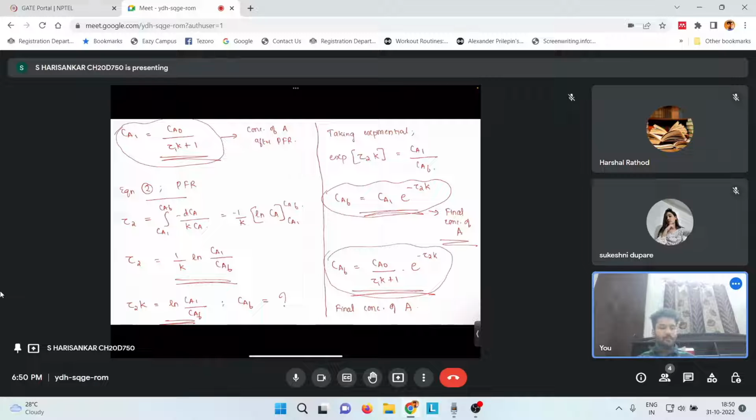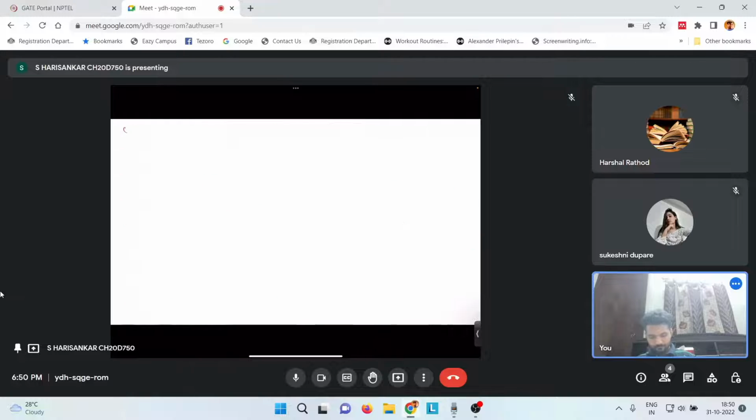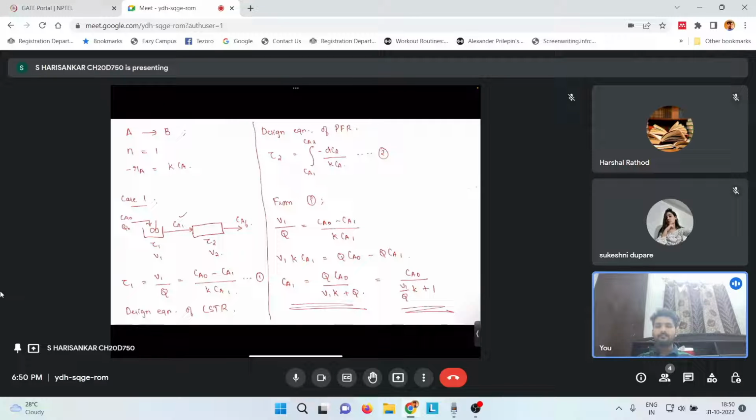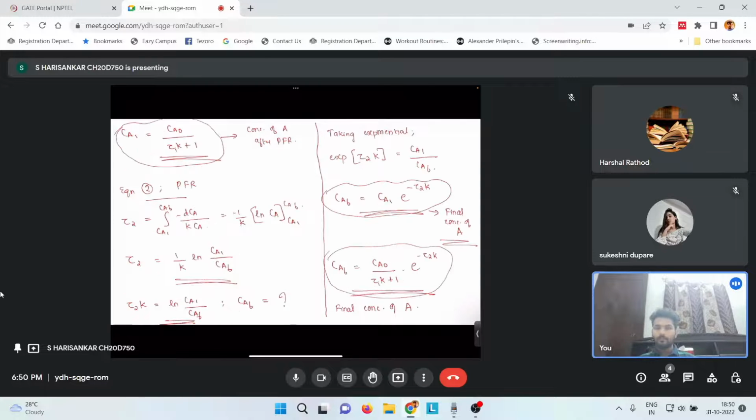Right. Now let us look at the next case, case 2. Now in case 2, first PFR will come and then that will be followed by CSTR. Previously we took tau 1 for CSTR and tau 2 for PFR. So we will follow the same nomenclature here to avoid confusion.